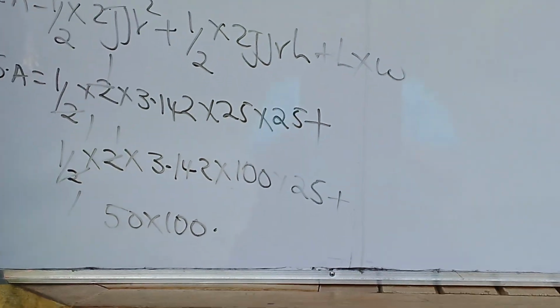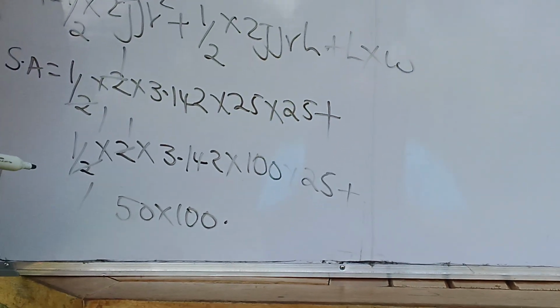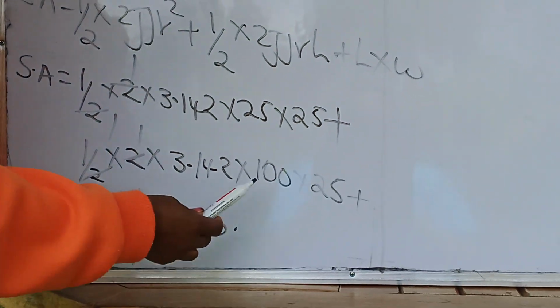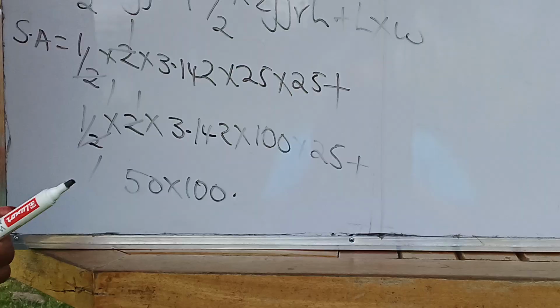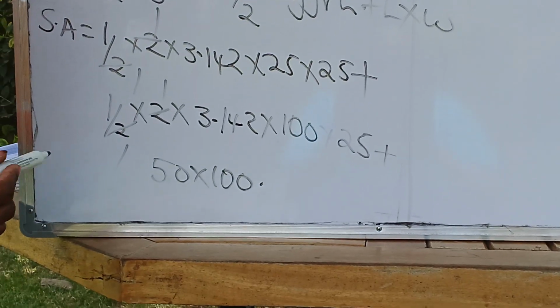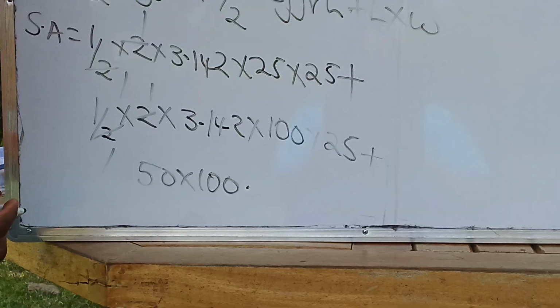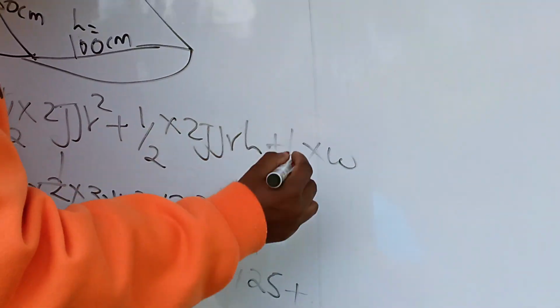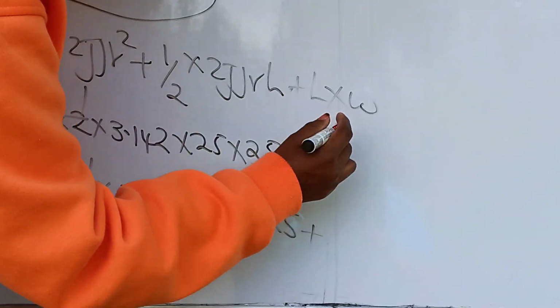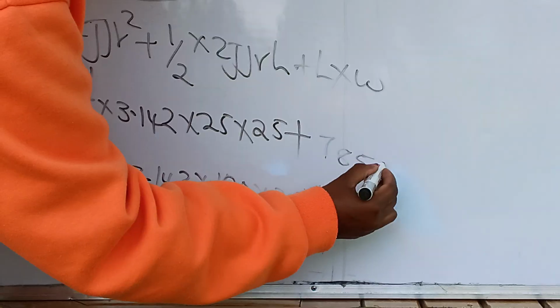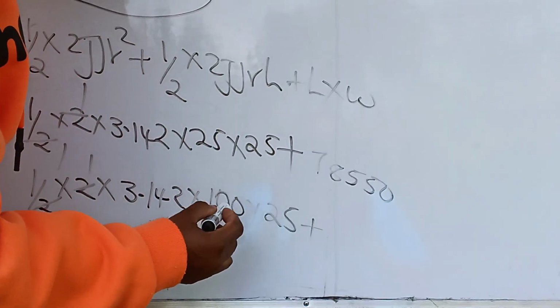Then we have the curved part. When you multiply for the curved part, you can say 25 times 3.142, and you get 78,550.